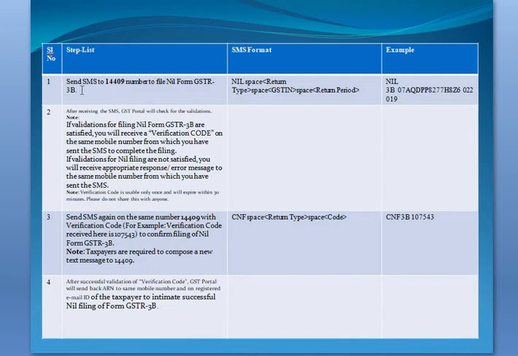The step to file this return is to send an SMS to 14409 to file the nil form GSTR3B.